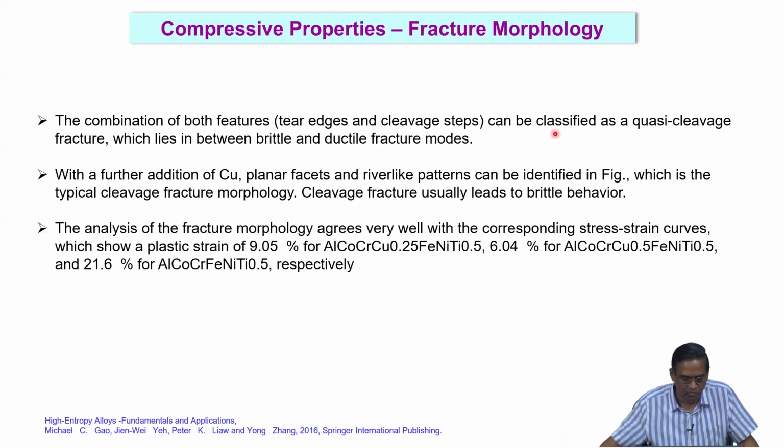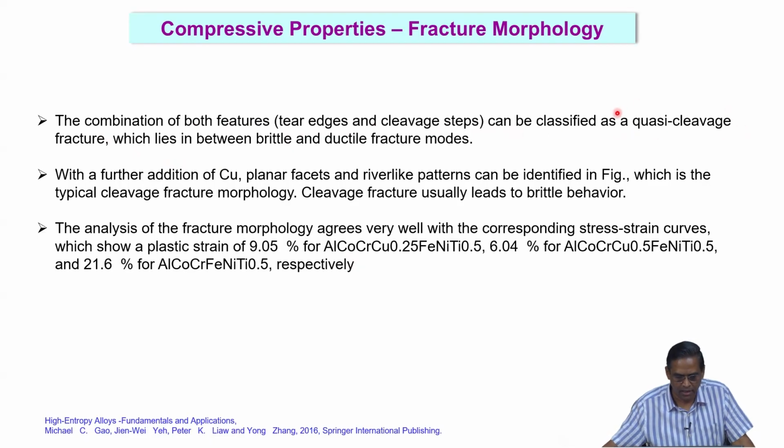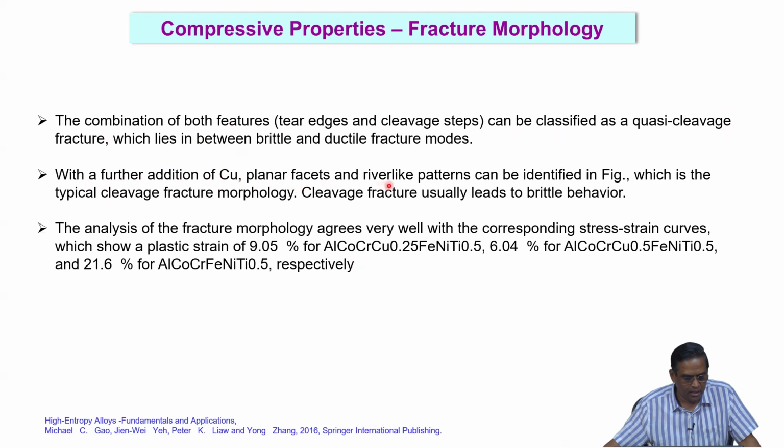The combination of both features, that is tear edges and cleavage steps, can be classified as quasi-cleavage. Quasi-cleavage means it is neither ductile nor brittle, it's in between. And with a further addition of copper, planar facets and river-like patterns can be identified, which is the typical cleavage fracture morphology. Cleavage fracture is usually a characteristic of brittle behavior.